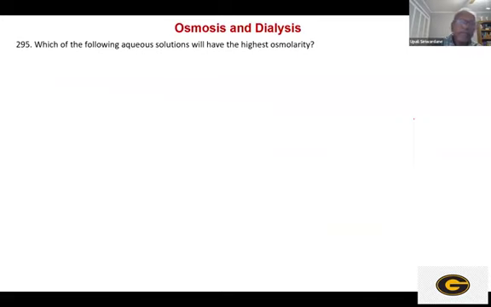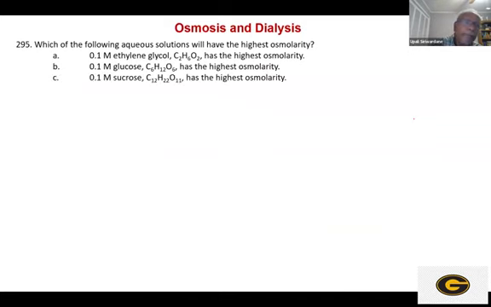Which of the following aqueous solutions will have the highest osmolarity? If you look at this, these are the same molarity. These are all covalent compounds that don't break up in the water.